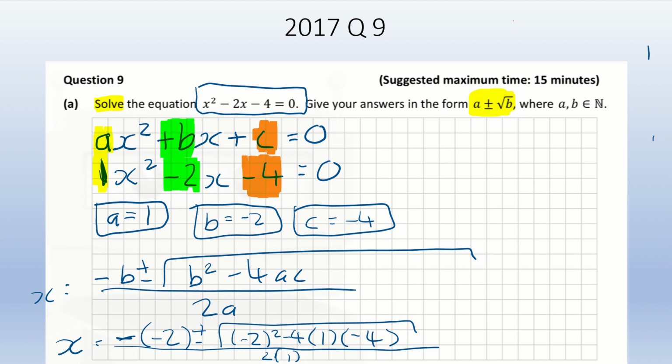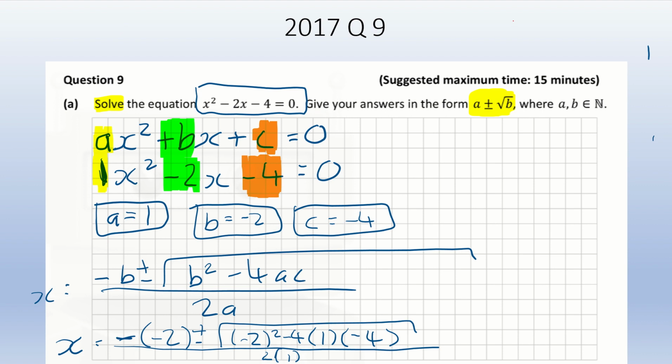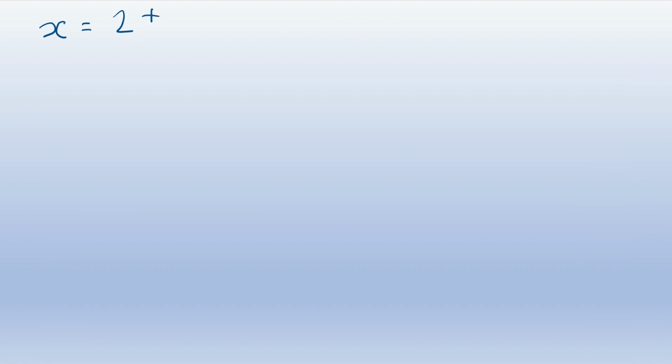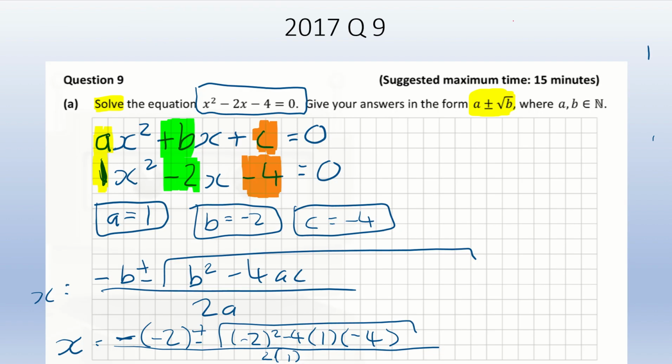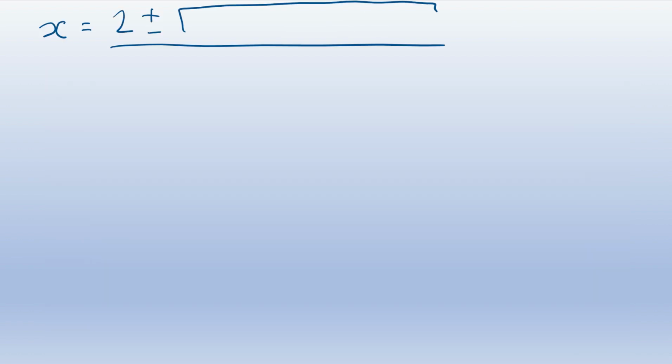Now I'm going to go on to my next page and solve this out. So on the top I've got x is equal to minus minus 2. That's going to simplify to x is equal to, a minus times a minus is a plus, so that's going to be plus 2. I have my plus or my minus the square root of minus 2 squared. Well, minus 2 squared is positive 4 because minus 2 times minus 2 is 4.